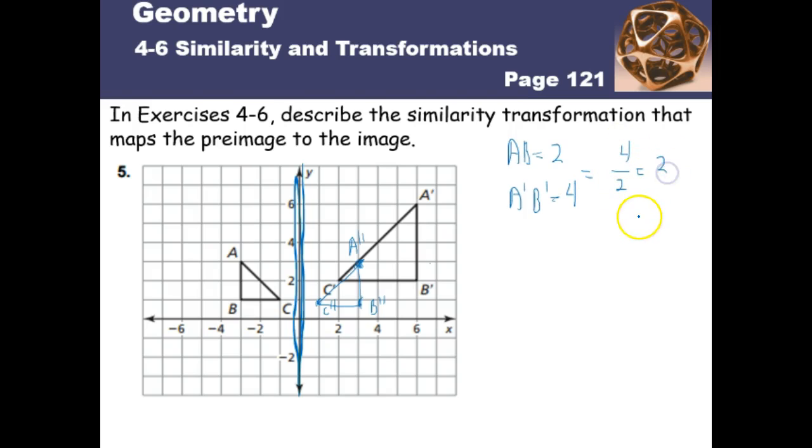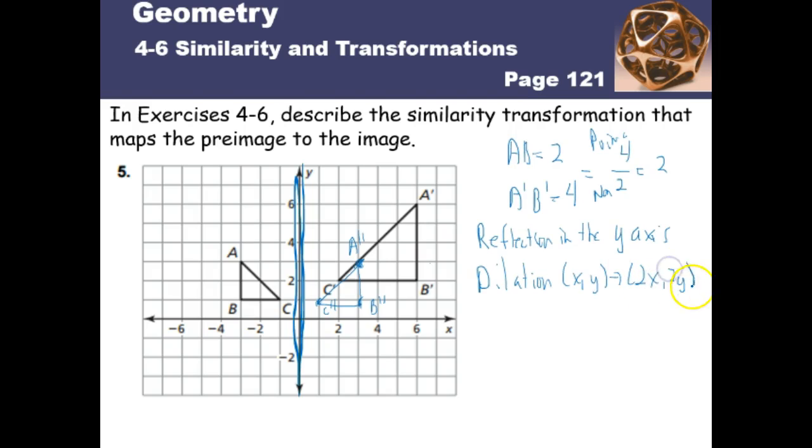So 4 over 2 is the dilation. So it looks like we had a reflection in the y-axis, and then a dilation where (x, y) gets mapped to (2x, 2y). And let's just double check that that works.